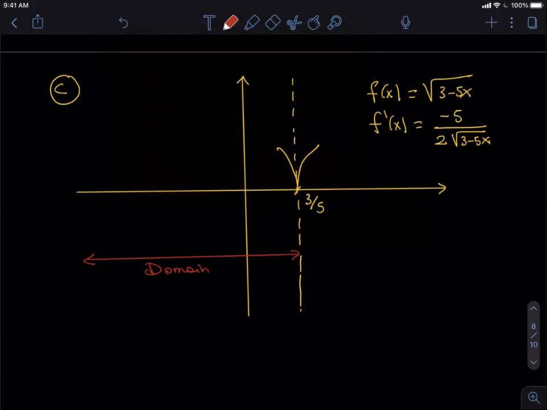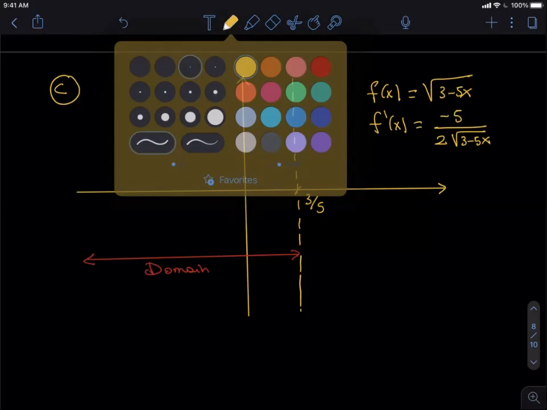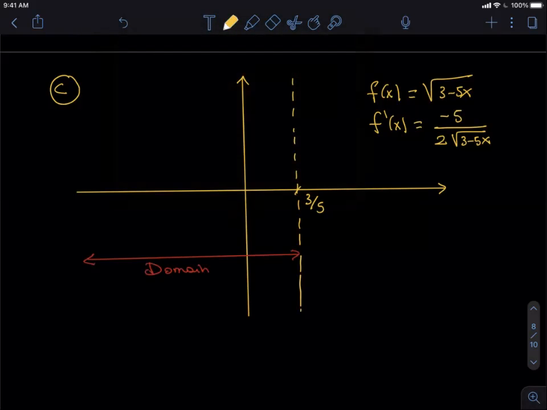So this option is not an option really. So we can erase it and our function is going to look something like this. That is our function f of x. And notice here I drew it so that it's clear that the slope becomes infinity at 3/5.